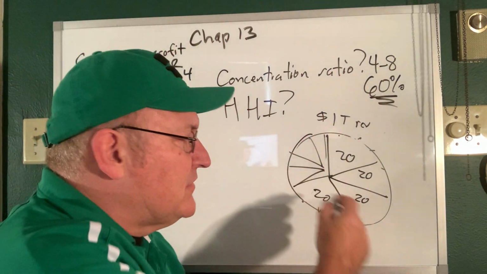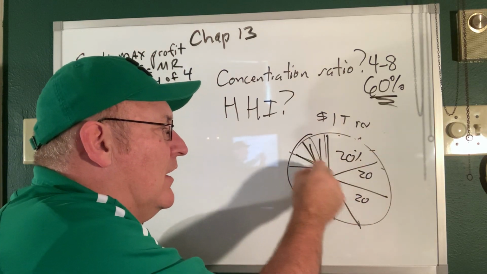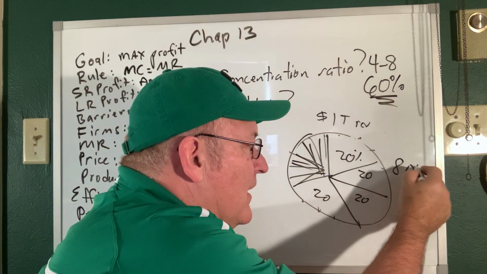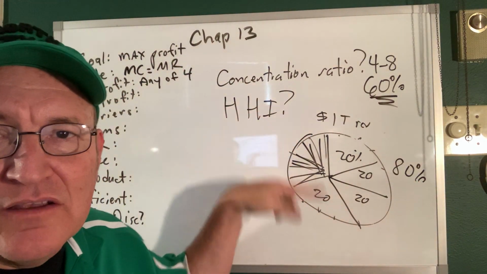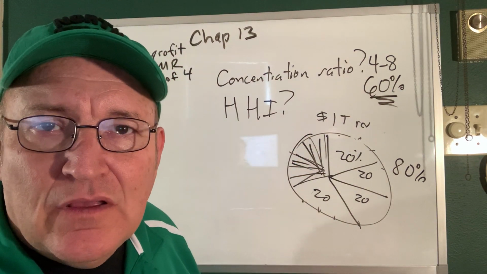Top 4 firms each have 20% of the market share, and this remaining slice, so 2, 4, 6, 8, 80%, and the remaining 20% of the market is dominated or is controlled by, let's say, 56 firms, right?